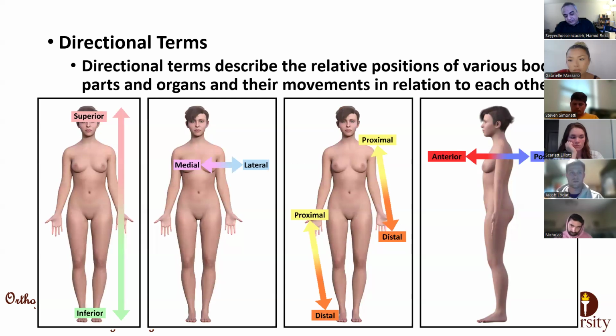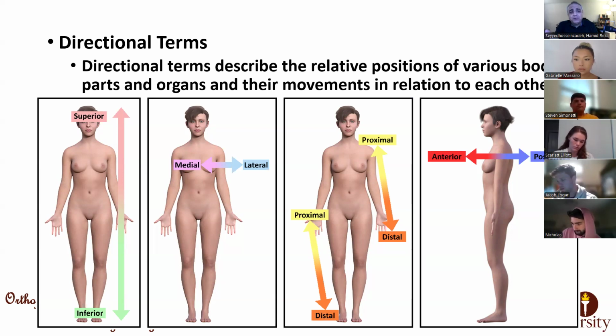We have some terms called directional terms, and you know all of them in your general language, but let's review them. Superior means up, inferior means down.